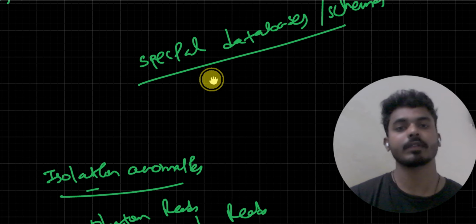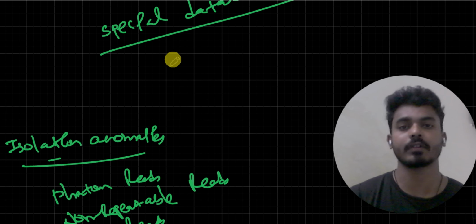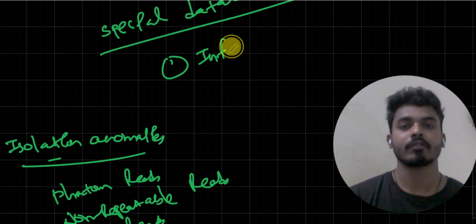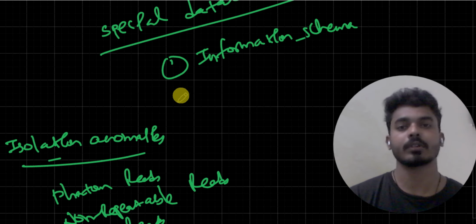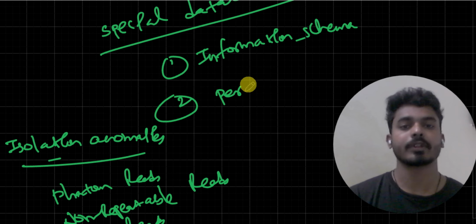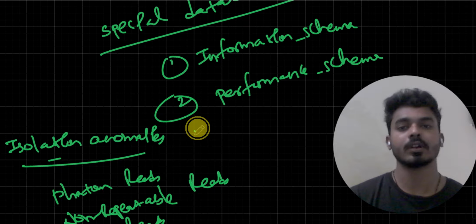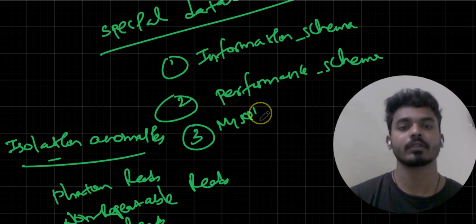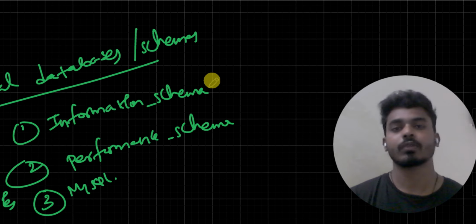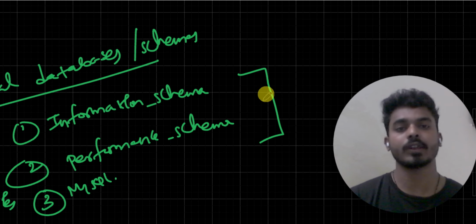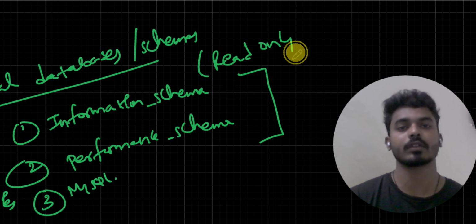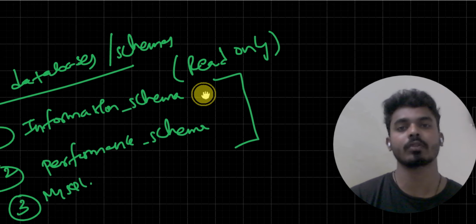There are mainly three special databases in MySQL: information schema, performance schema, and the mysql schema. We can't delete or do anything with these databases. Basically, they are read only, and we can't perform any operations on them.